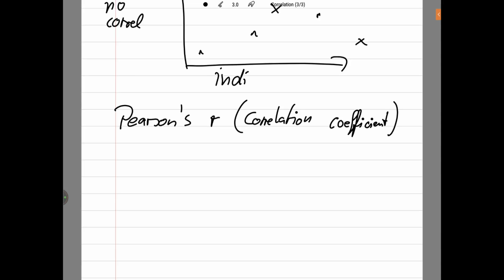And it is usually abbreviated with a lowercase r. That's why it's called Pearson's R.